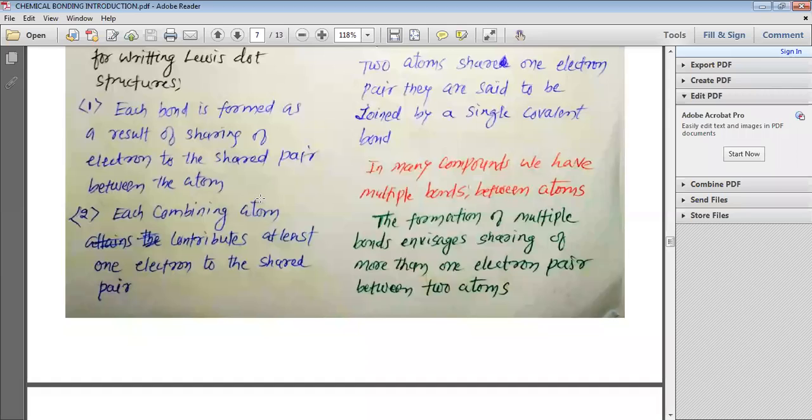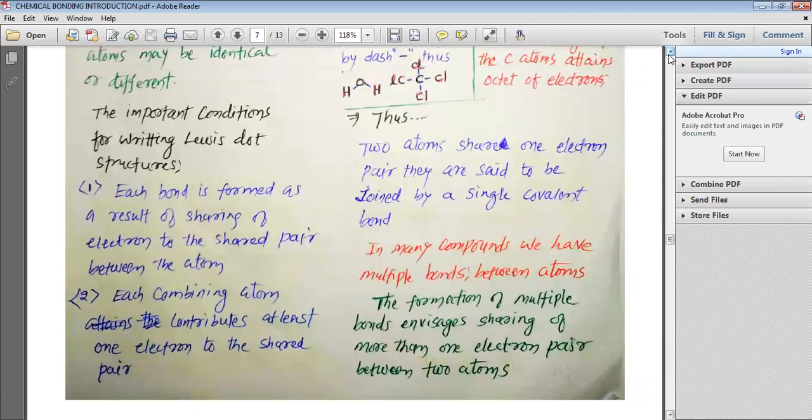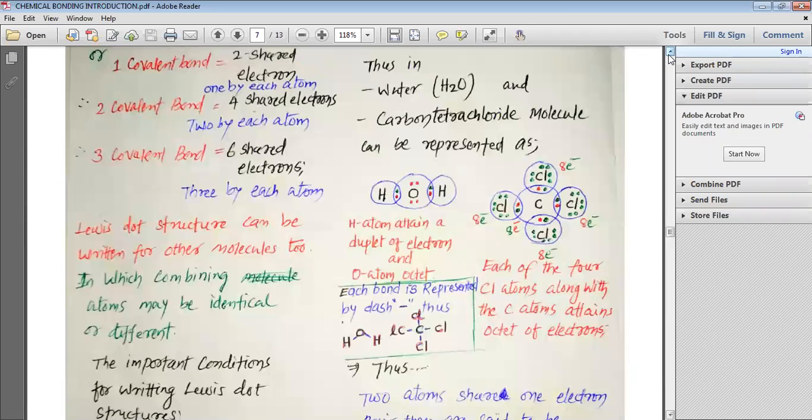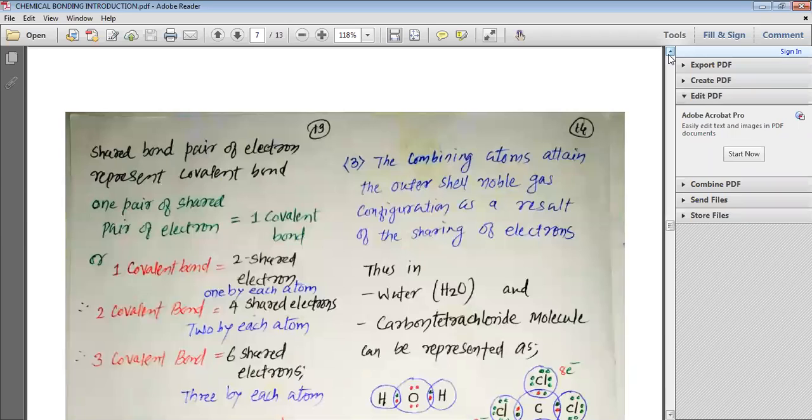This is a rule which may be violated in some cases, but please remember that in most cases, each combining atom contributes at least one electron to the shared pair. So, when an atom contributes an electron, it participates in bonding, and then the pure covalent bond is formed.